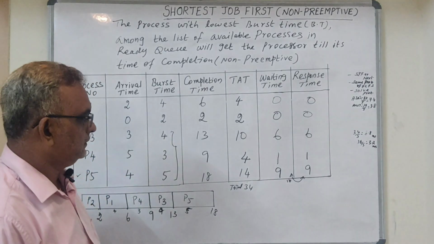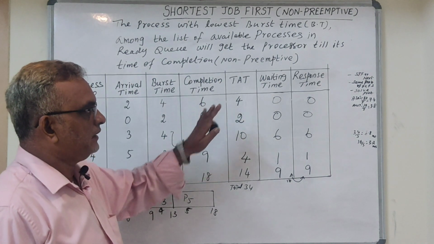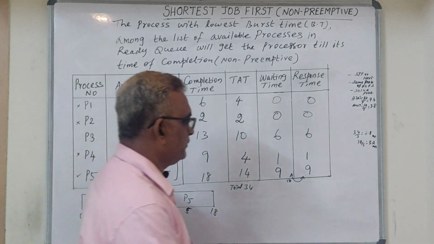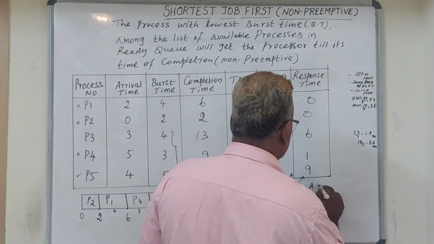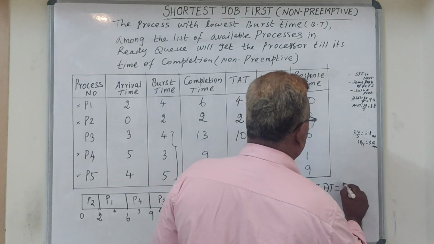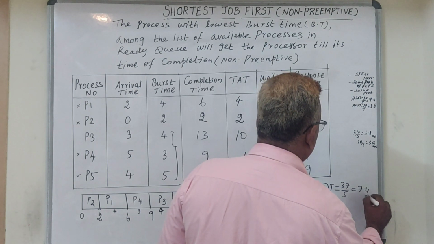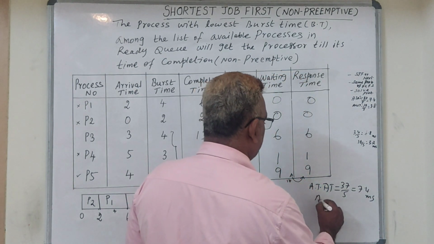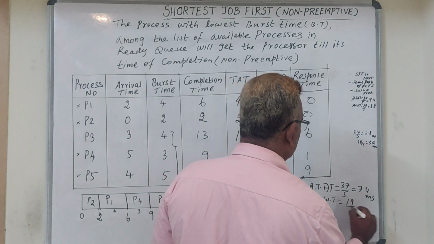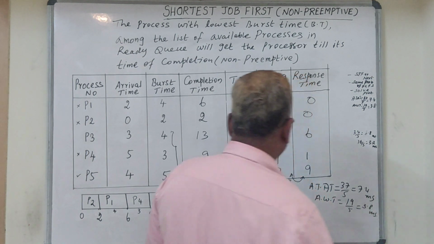If you compare the turnaround time and the waiting time, in case of first come first serve, the average turnaround time was 37 divided by 5, 37.4 milliseconds. Similarly, the average waiting time in first come first serve was 19 by 5, that is 3.8 milliseconds.